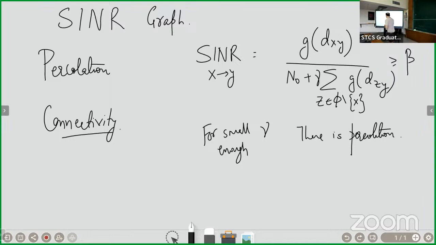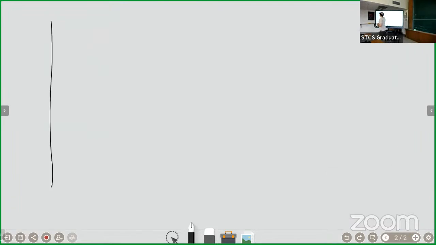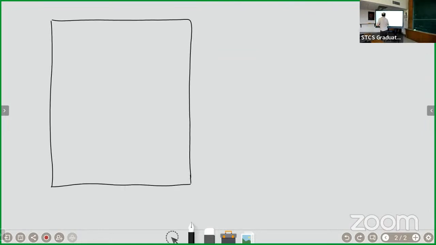So this time, rather than working with the ball, I'll work in the square. I'll work in the square here also. So this is a 1 by 1 square.